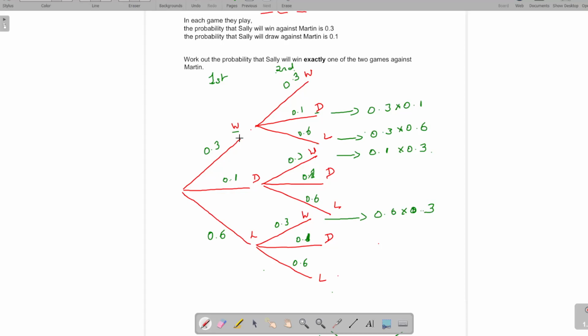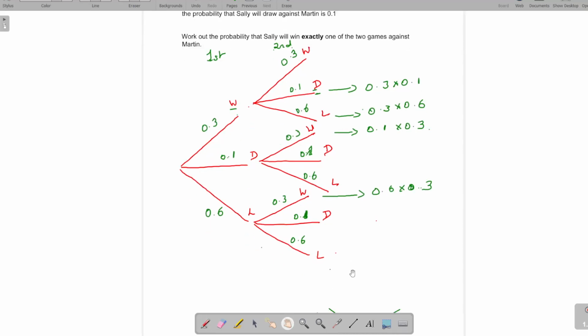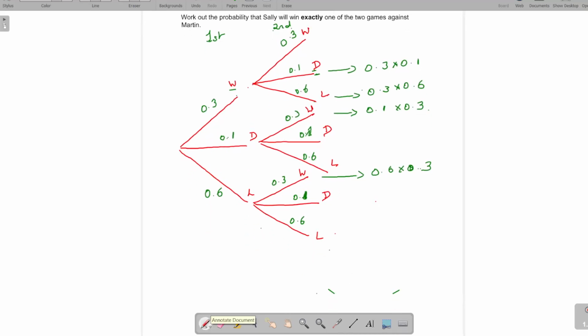So looking at it, Sally win on the first, draw on the second. Sally win on the first, lose on the second. Sally draw on the first, win on the second. Sally lose on the first, win on the second. So if we put those together, that is 0.03, 0.18, 0.03, and 0.18.